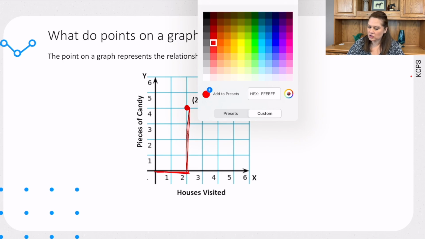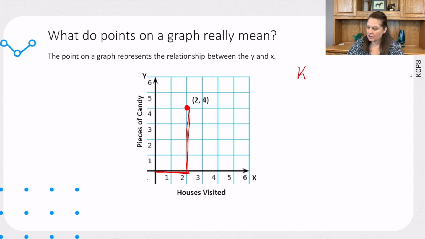Remember that equation is k is equal to y divided by x. And we're going to need to understand what is the amount or quantity and what is that label or unit referring to for each of those numbers. And to get that, we're going to look at the labels on our axes. And you'll notice the y is vertical, so that is going to be the pieces of candy.